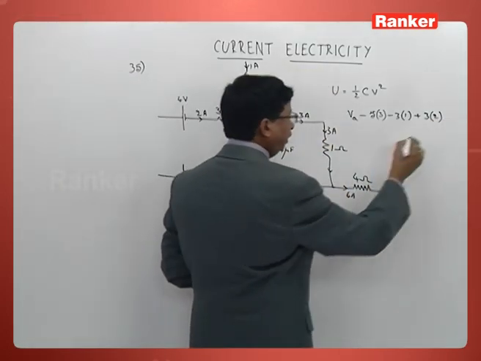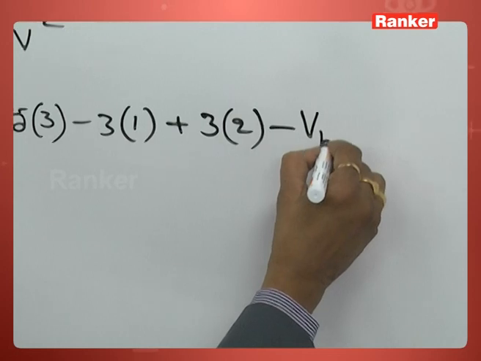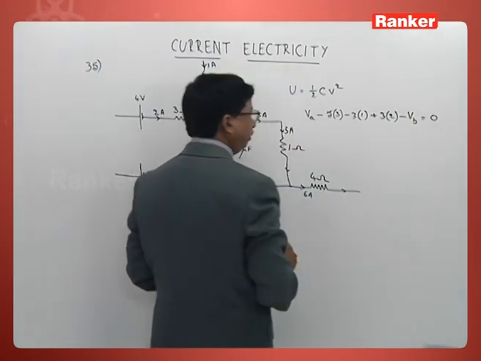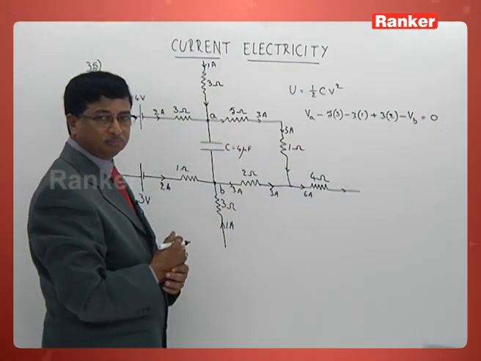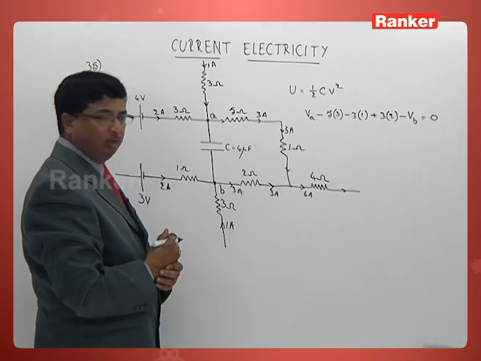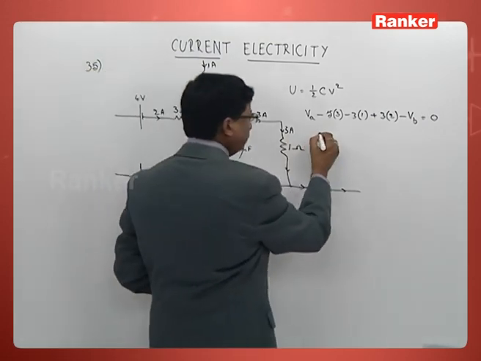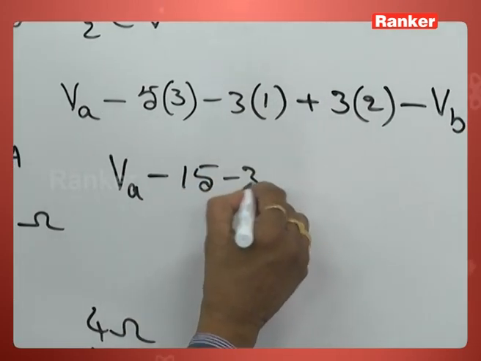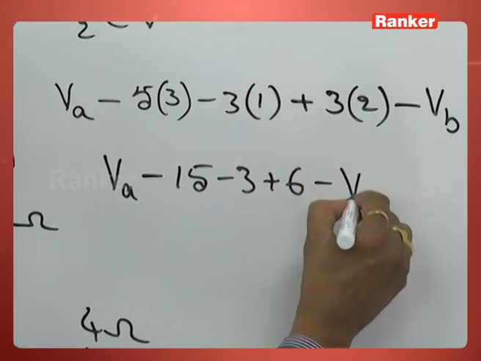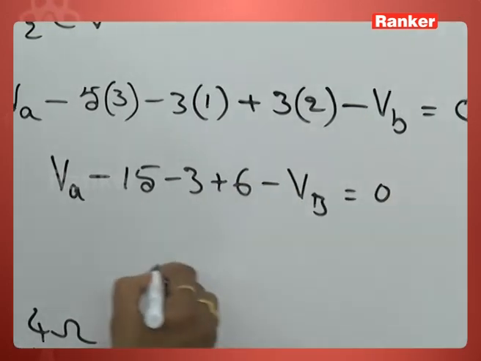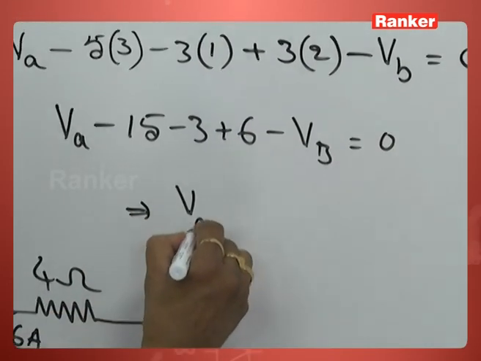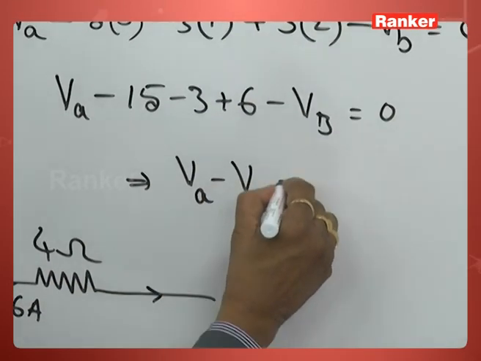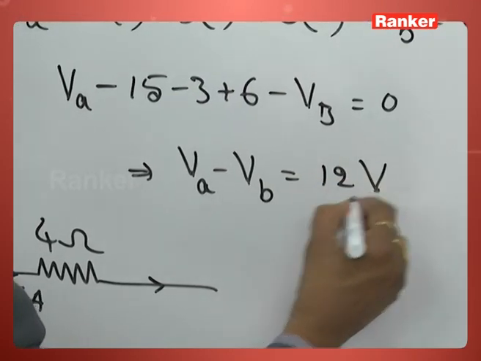And of course here minus VB, that now must be 0. So what you can understand from this is VA minus 15 minus 3 plus 6 minus VB is 0. This gives you VA minus VB is now going to be 12 volt.